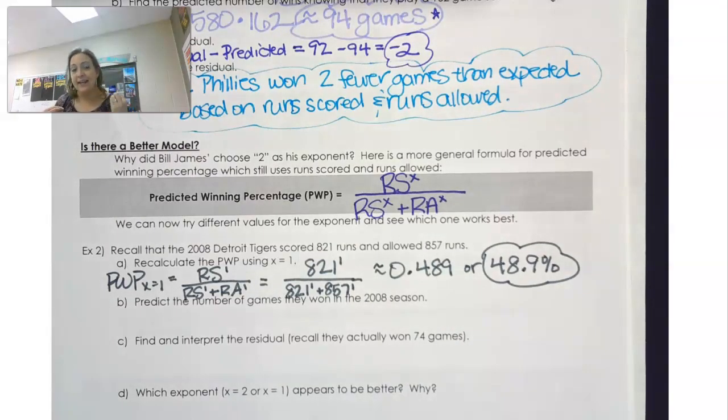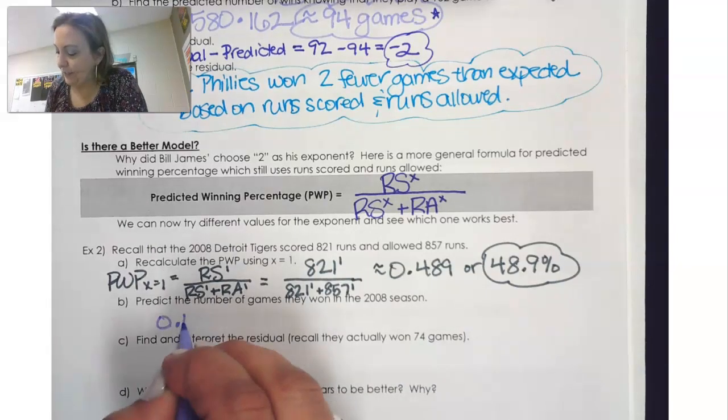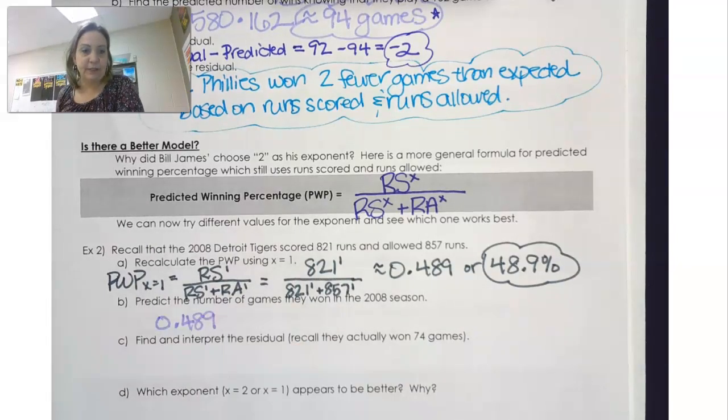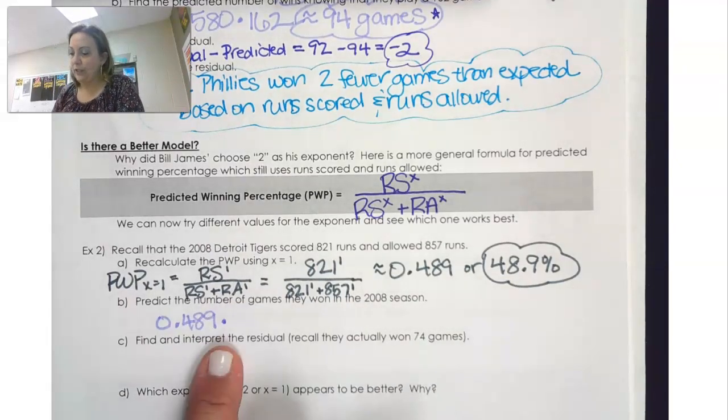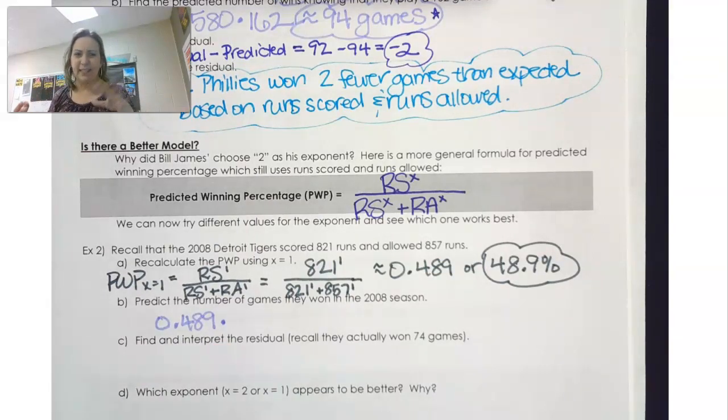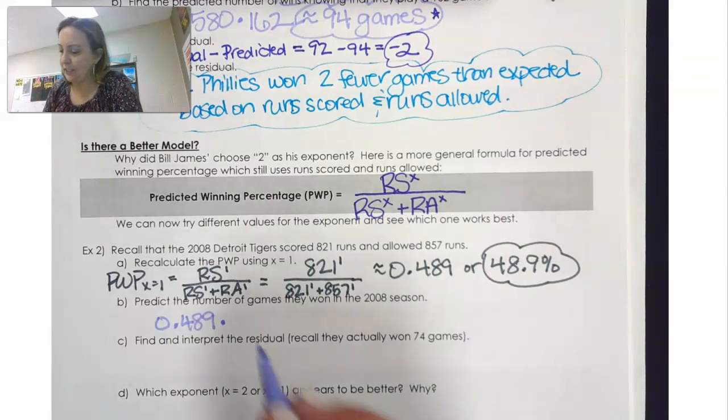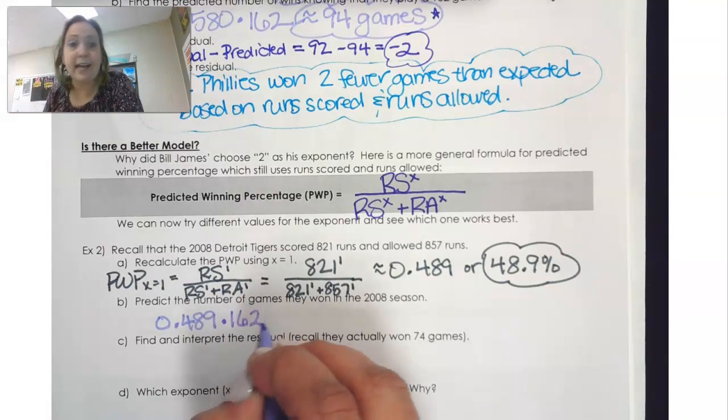So now with that as our predicted winning percentage, let's predict the number of games that they would win. This is where we take our predicted winning percentage as a decimal, 0.489, and multiply it by the total number of games. This is still the same season. Remember, they said that it was 162 games, so we'll use that number again.